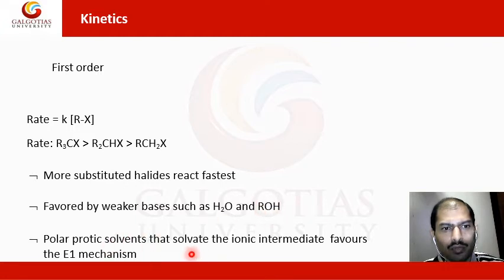A polar protic solvent that solvates the ionic intermediate favors the E1 mechanism, because if it is a protic solvent, then it will easily solvate the intermediate. It will easily give the space to bind up with the proton. So this reaction will be favored in the case of the E1 mechanism or E1 reactions.